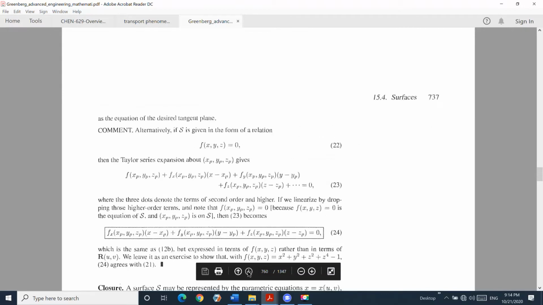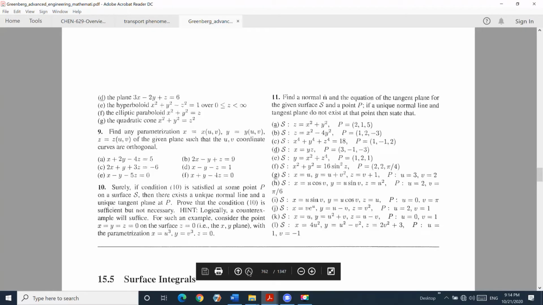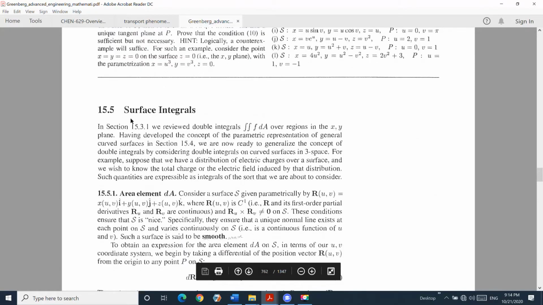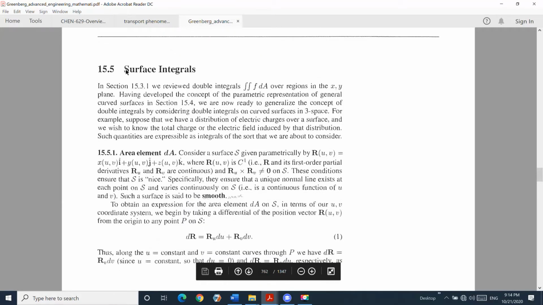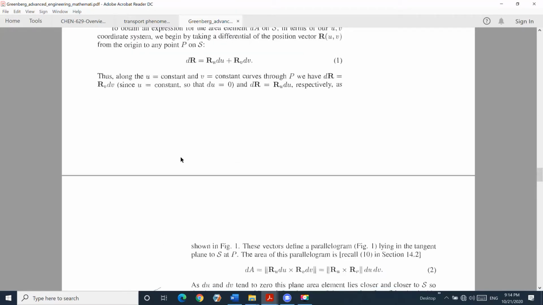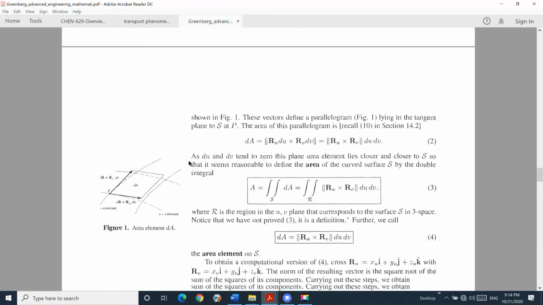Again, let's increase our speed. Come here, section 15.5 is surface integrals. This is the part of the surface integrals.